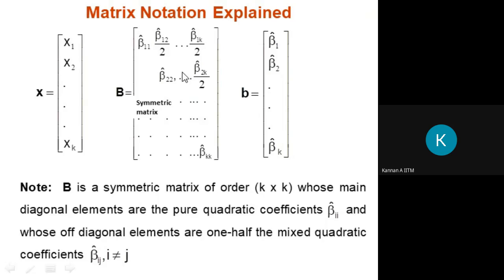Since beta hat 1,2 and beta hat 2,1 are the same, in order to balance the double multiplication, you divide by 2. But for the diagonal terms, you don't have the division by 2. These are the cross terms and the quadratic terms, the curvature terms, and these are the main factors: beta hat 1, beta hat 2, and so on to beta hat k.